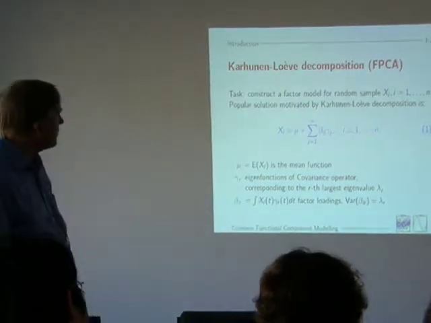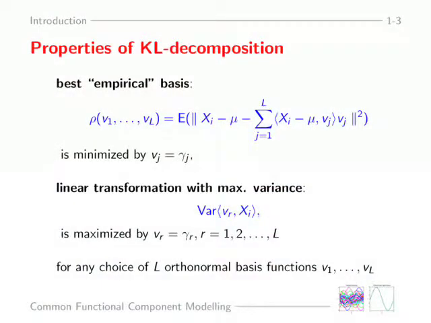And okay, so that's a basic thing, just to represent functional data and to access the properties. Okay, so this is again what I already talked about, this best empirical basis. If you just go to L, there's no better way to approximate a function than by using principal components. So it's the sparsest possible basis. And it's also a linear transformation with maximal variance.